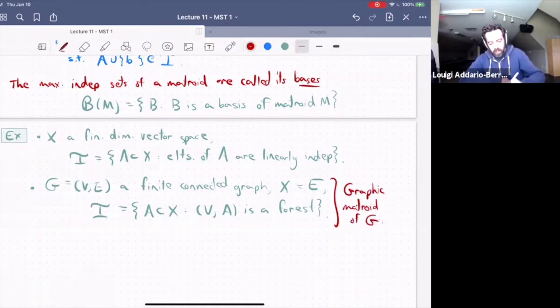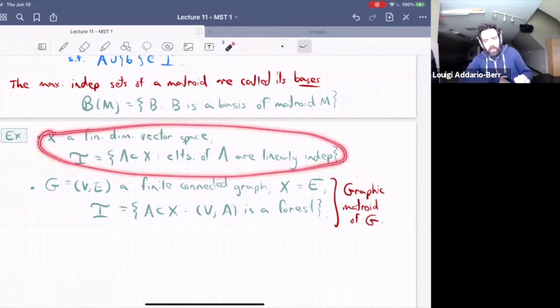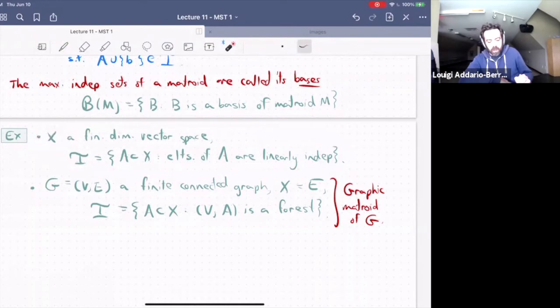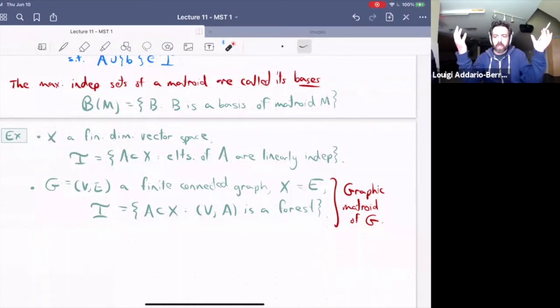Okay, there's another kind of matroid. So there's something to check here, by the way. The thing to check here is something you see in a first linear algebra class, which is that if you have two sets of linearly independent vectors and one is bigger than the other, then there's some element in the bigger set you can add to the smaller set and maintain independence.